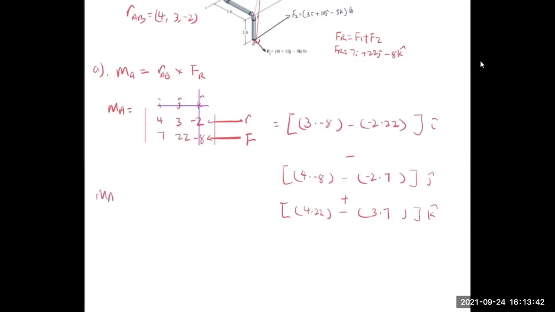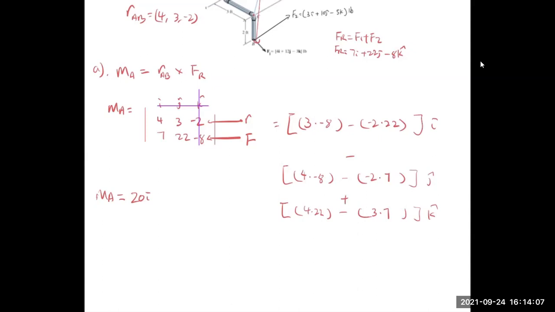Okay, and I got my MA is equal to, when I do 3 multiplied by negative 8 minus negative 2 multiplied by 22, I get 20I. And then for this part, I have to do 4 multiplied by negative 8 minus negative 2 multiplied by 7. I got negative 18, but don't forget I have a negative sign in front of that.